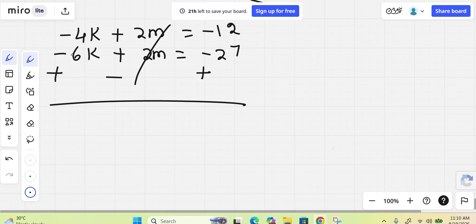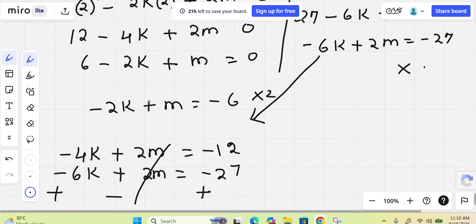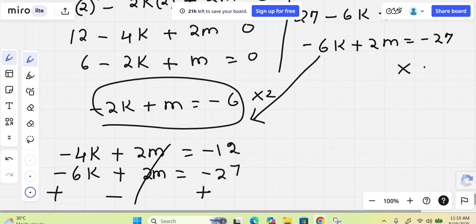This both will get cut. This is 2k equal to, this will also be subtraction, 15. So k is equal to 15 by 2. You will substitute k in any of the formulas. You can substitute here and you can find the value of m. That is okay.